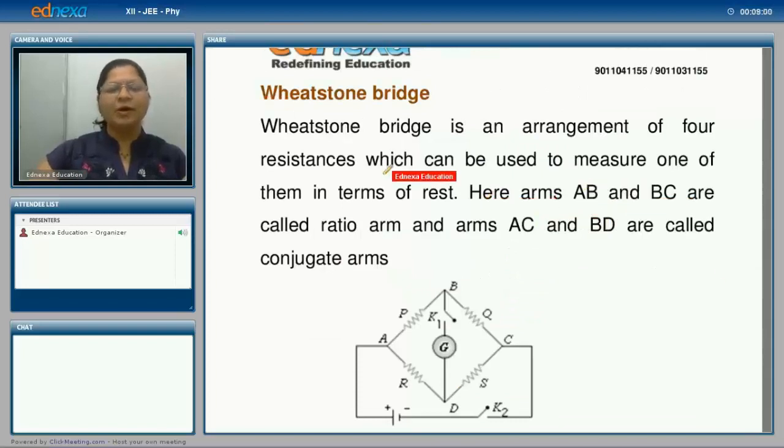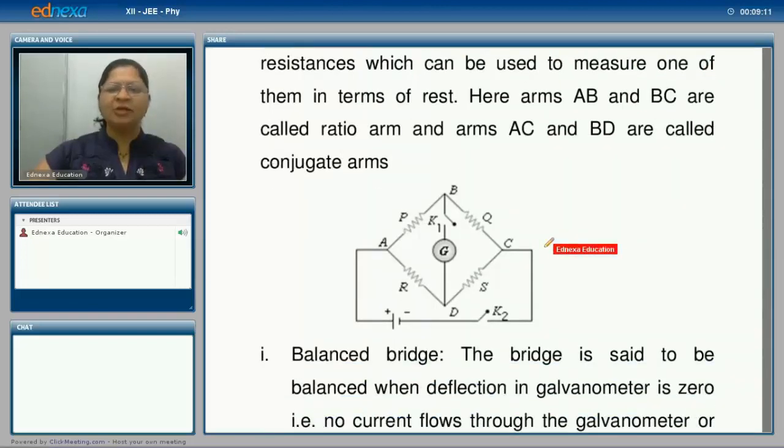Next, you have studied Wheatstone's bridge, so just have a quick look at the Wheatstone's bridge. A Wheatstone bridge is an arrangement of 4 resistances which can be used to measure one of them in terms of the rest. So if you are given any unknown resistance and 3 resistances which are known, then you can find the unknown resistance by putting the balancing condition of Wheatstone's bridge.